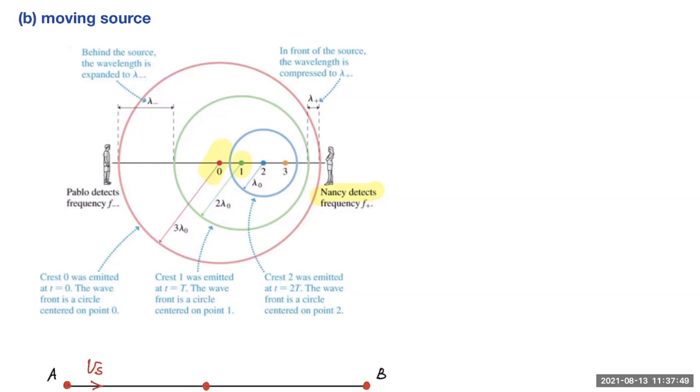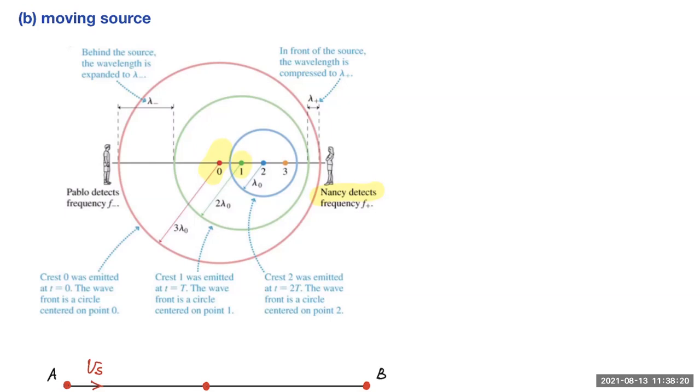So the time interval between 0 and 1 happens to be one period, just to make things simpler. Once you start to emit the wave centered at point 1, the green dot, that wave starts to propagate as well. So you see this red circle centered at the red dot here. That was the first wave emitted by the source. And then you see this green circle centered at the green dot at point 1, that is emitted a time t later. T is the period of the wave.